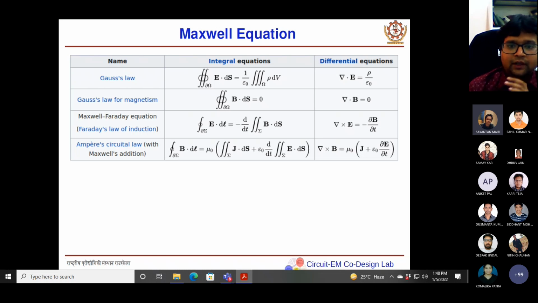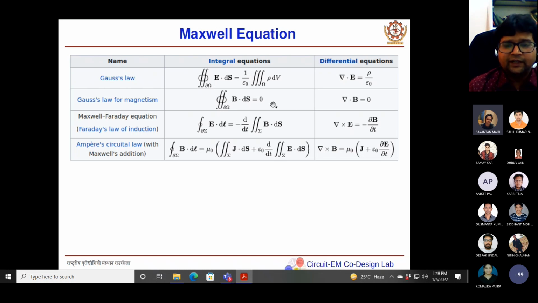Then it comes to Gauss's law for magnetism. It is not clear whether Gauss first proposed this one or someone else, so sometimes it is not called Gauss's law. It is analogous to Gauss's law of electricity, so sometimes we call it Gauss's law for magnetism.